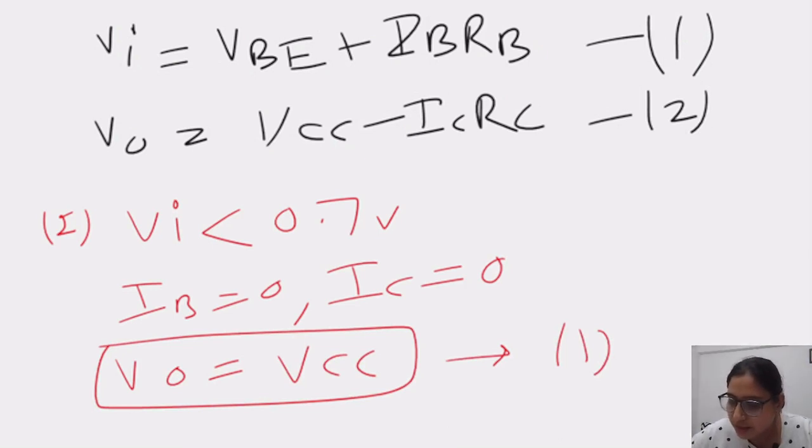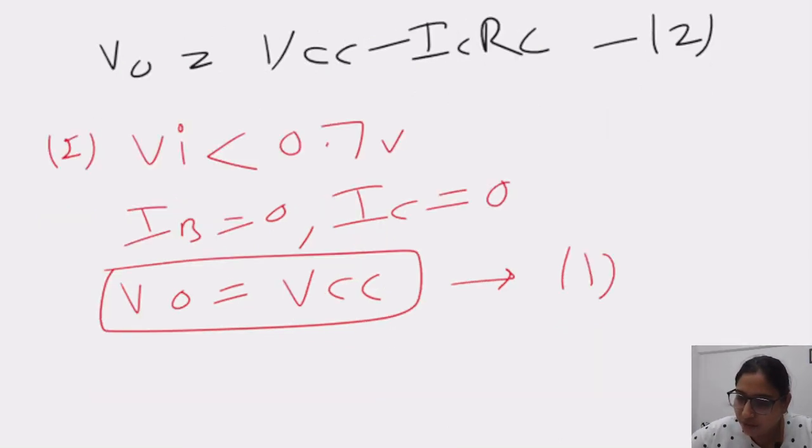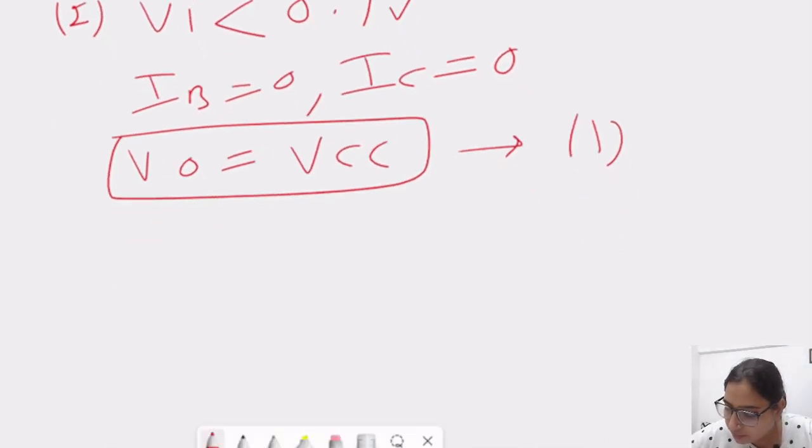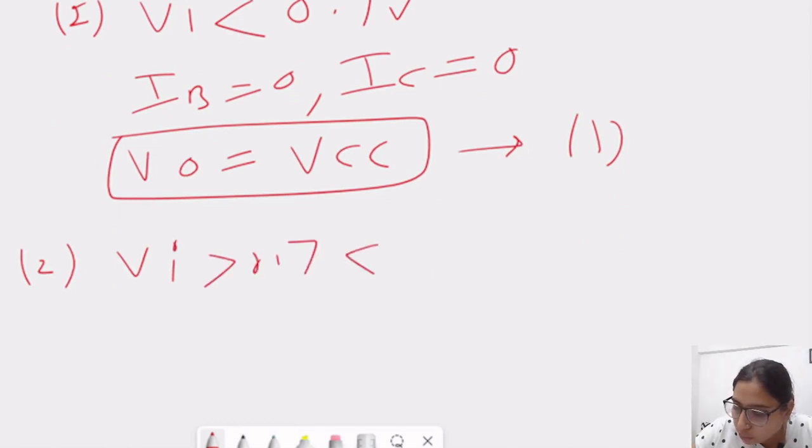Now the second consideration we have is when Vi is greater than 0.7 but smaller than 1 volt. It means the transistor is attaining the cut-in voltage, so it starts working, but the value of the voltage is less than 1 volt.